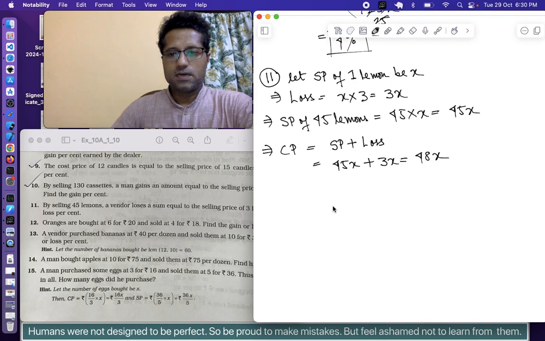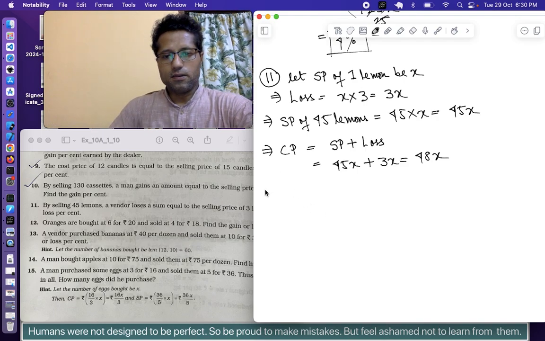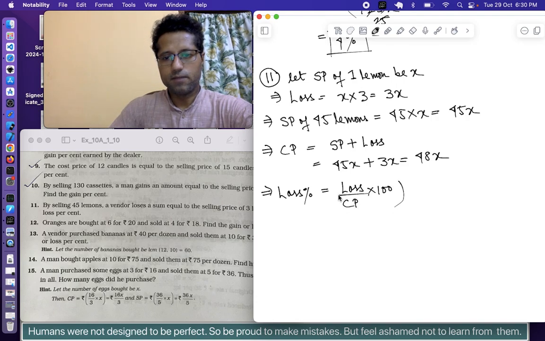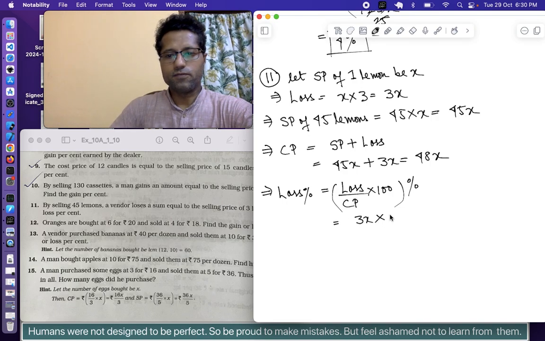Now we can say loss percent. It has asked to find the loss percent. Loss percent will be equal to loss divided by CP multiplied by 100 percent. Loss we know is 3x, so we have 3x multiplied by 100, and CP we know as 48x.